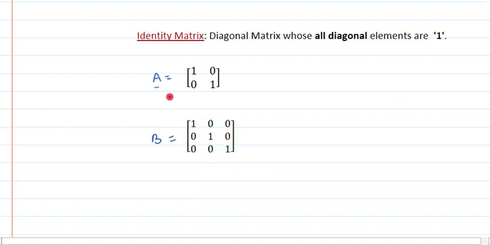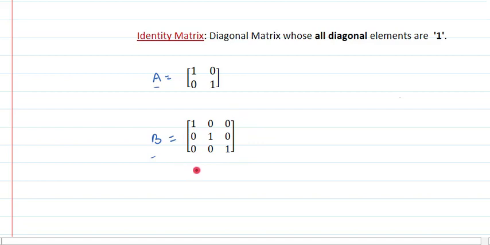Next in the sequence is identity matrix. A diagonal matrix whose all diagonal elements are 1 is called identity matrix. For example, here A is the identity matrix because diagonal elements are 1 in this diagonal matrix. Similarly, B is also an identity matrix because all elements of diagonal are 1 in a diagonal matrix.